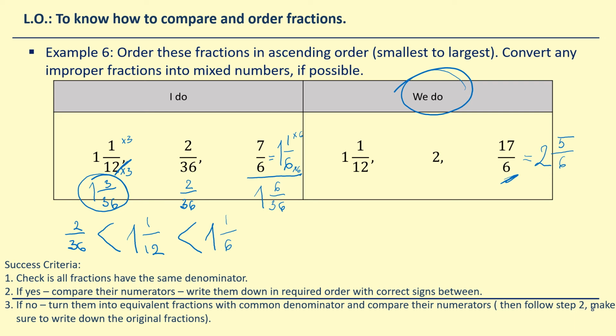Okay, so now you can notice that the lowest common multiple of 12 and 6 is actually 12. So I want to have them as fractions over 12, so multiply both of them by 2. And do you remember at the beginning of the first lesson in this unit, we were turning whole numbers into fractions over certain numbers.